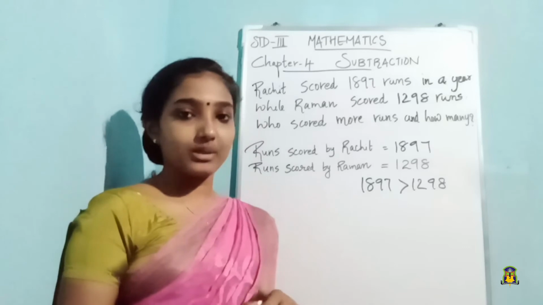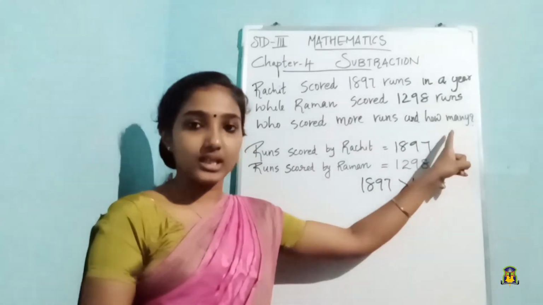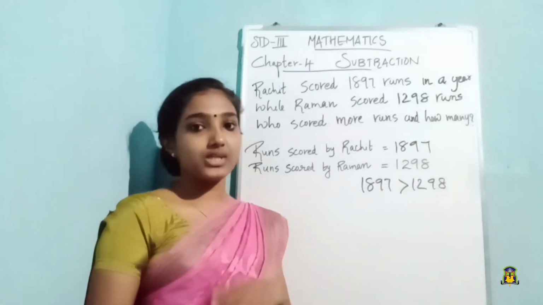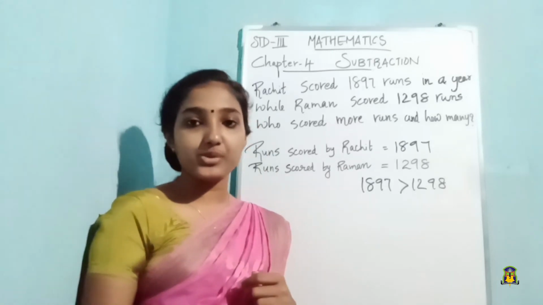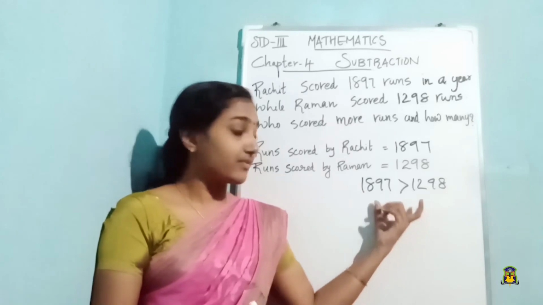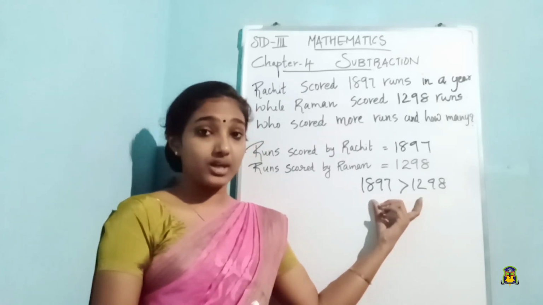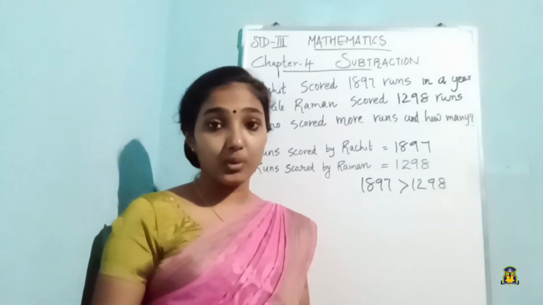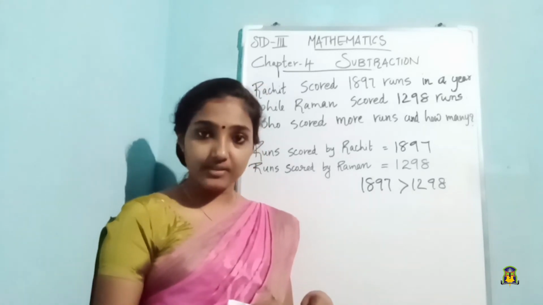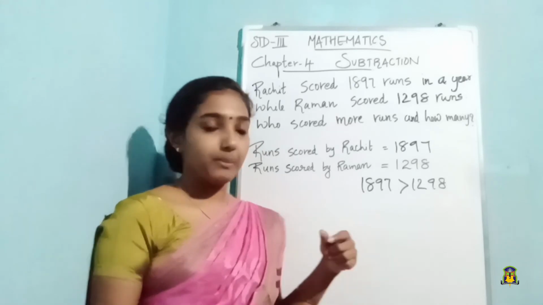And now there is one more question, and by how many? For how many runs Rajat has scored more than Raman? So to find that, what we have to do? We have to find the difference of these two numbers. Okay. So to find how many runs Rajat has scored more, we have to find the difference of these two numbers. Okay.